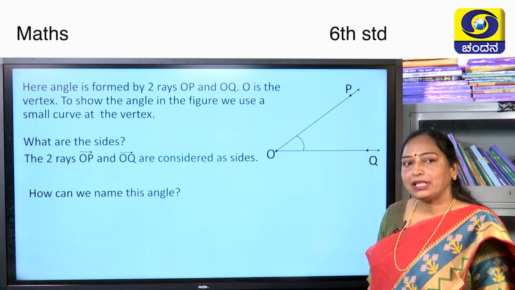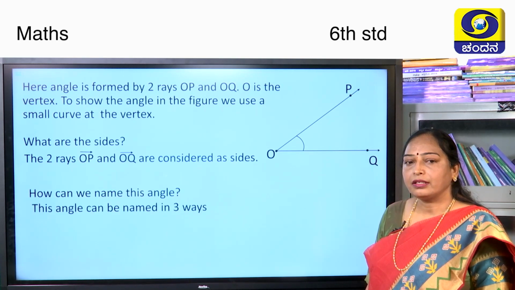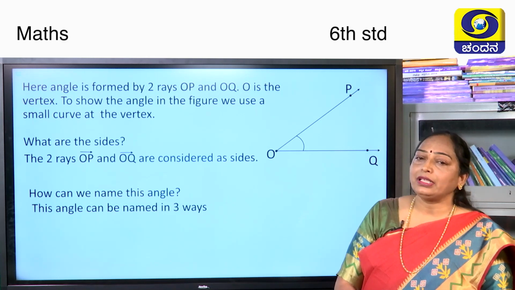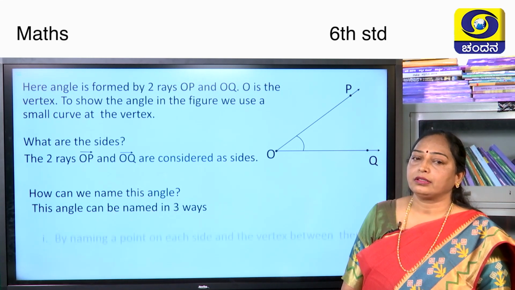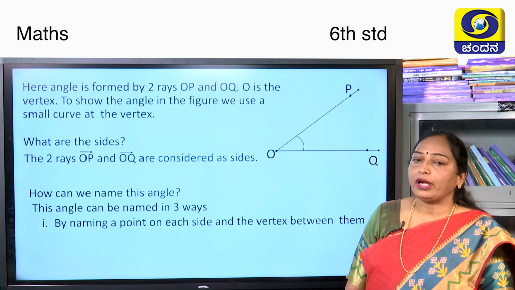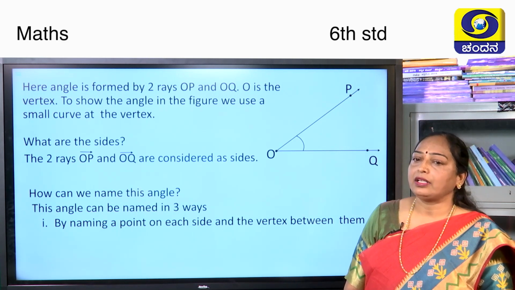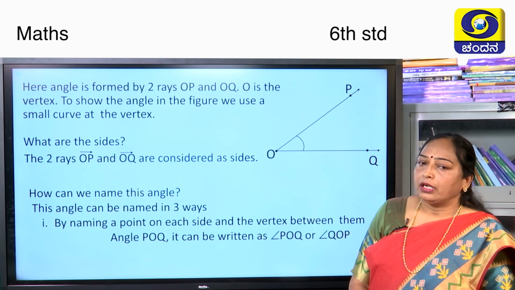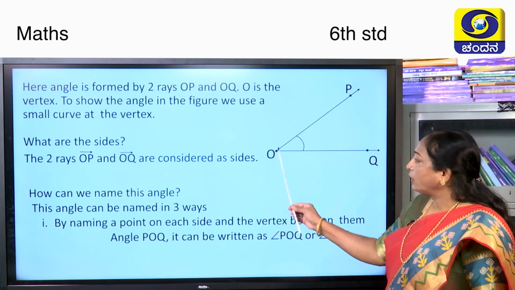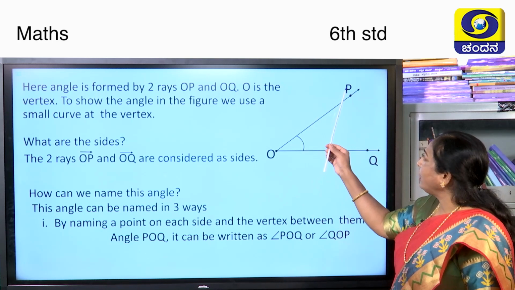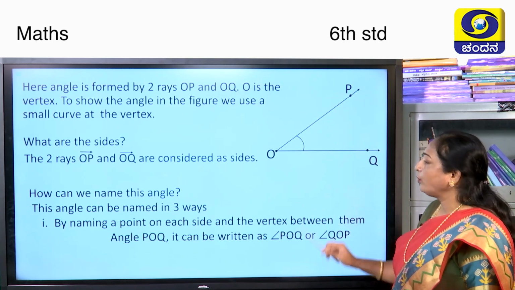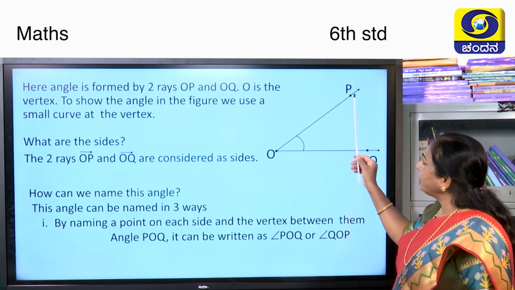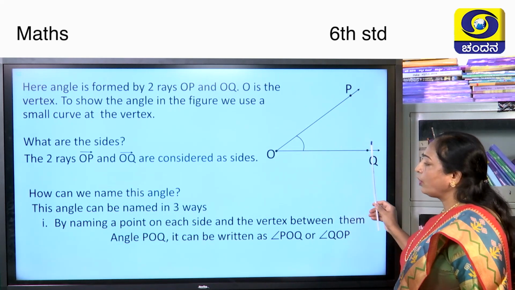How can we name this angle? This angle can be named in three ways. First, by naming a point on each side and the vertex between them. Here, the vertex O comes in between the points P and Q. Therefore, it is angle POQ.